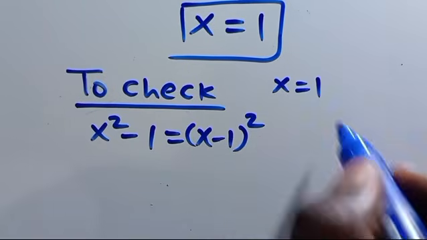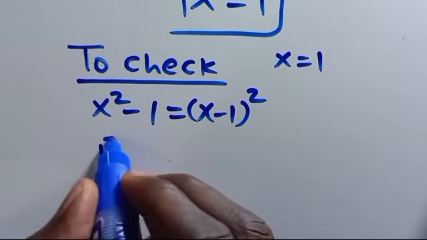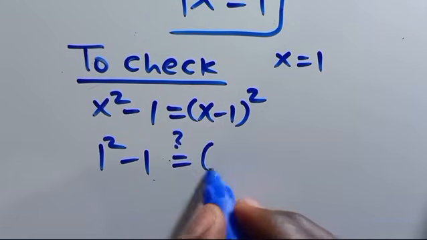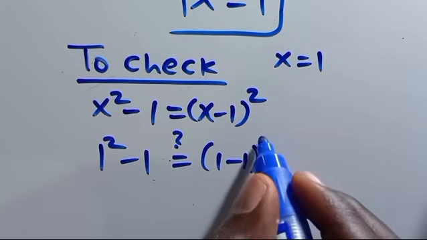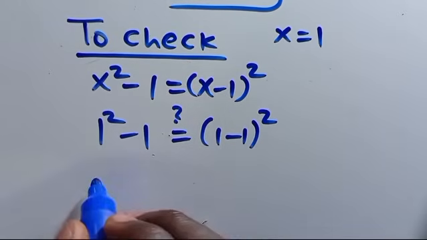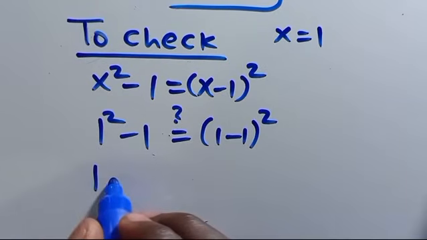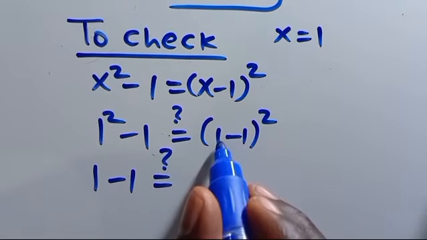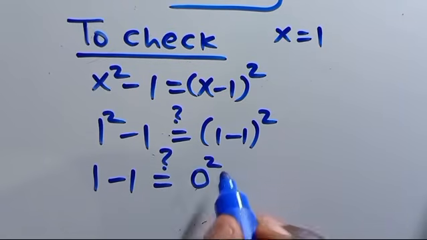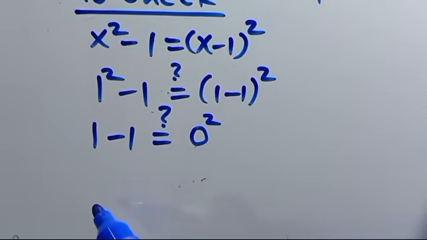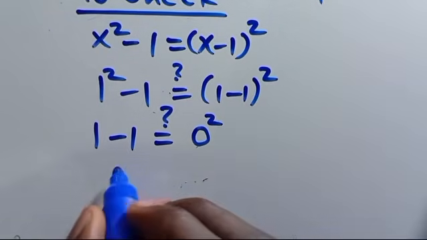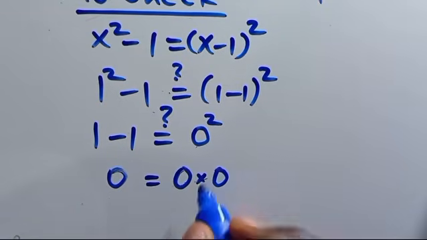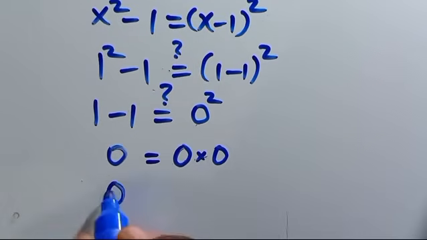Then when x equals 1, we are going to have 1 squared minus 1 equals (1 minus 1) to the power of 2. 1 squared simply means 1 times 1, and this will be 1 minus 1 equals 0 to the power of 2. 1 minus 1 will be 0 equals 0 to the power of 2, which simply means 0 times 0, and this will be 0.